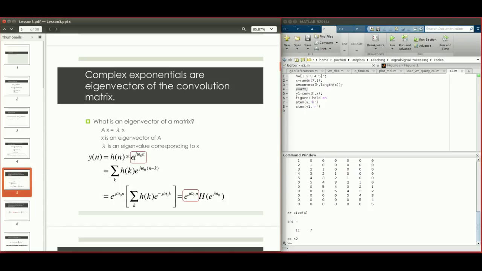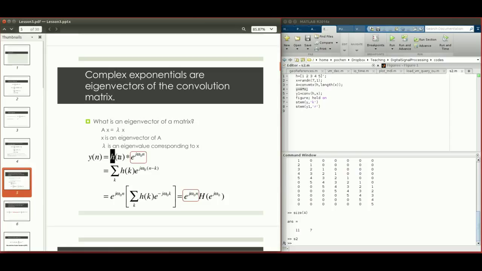And then what I claim is that this complex exponential, if we use a complex exponential as an input to a linear time invariant system whose impulse response is h, right, then this particular complex exponential is actually an eigenvector of the convolution matrix that we used to represent the linear time invariant system, right?